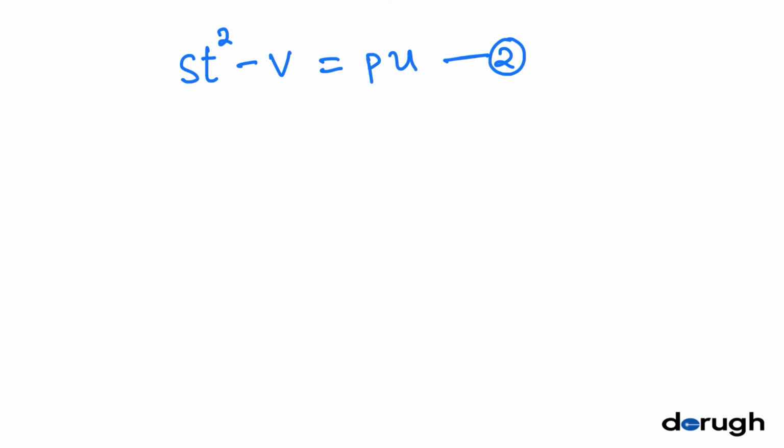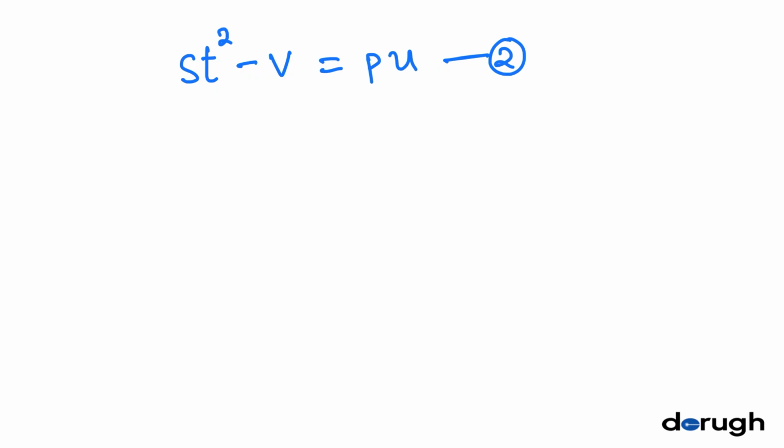So this is what we have as our equation 2. ST squared minus V equals PU. We're going to have to work step by step, one after the other, in order to move everything from the left side to the right side and keep T alone.